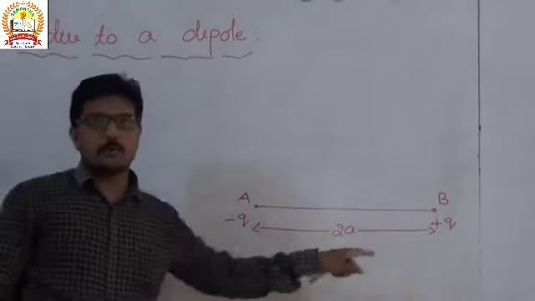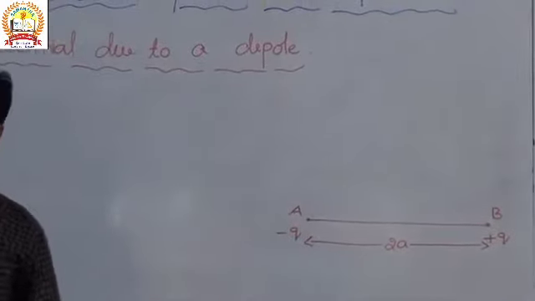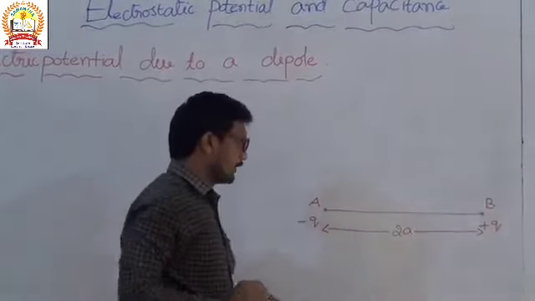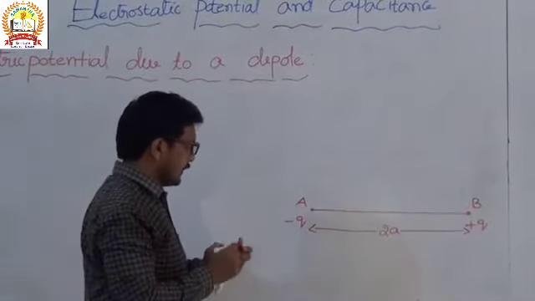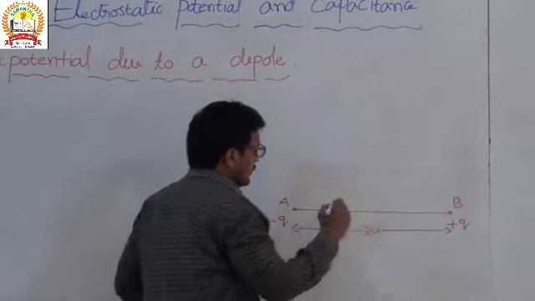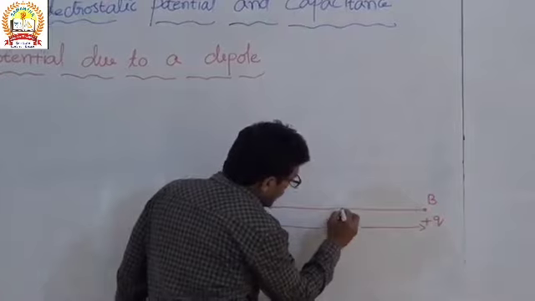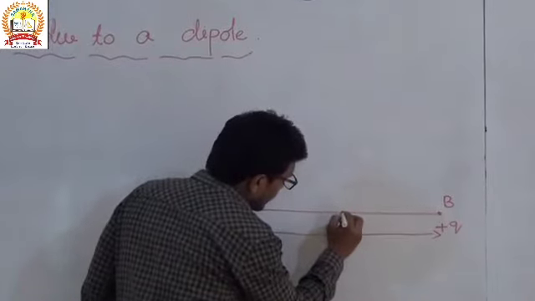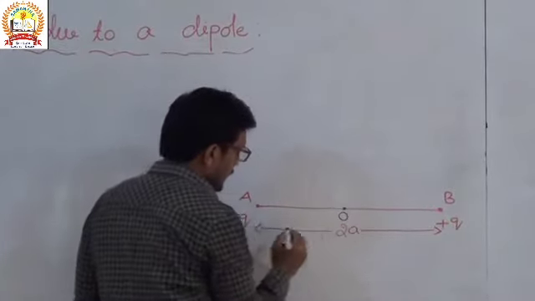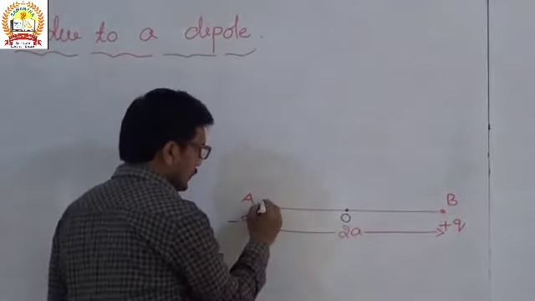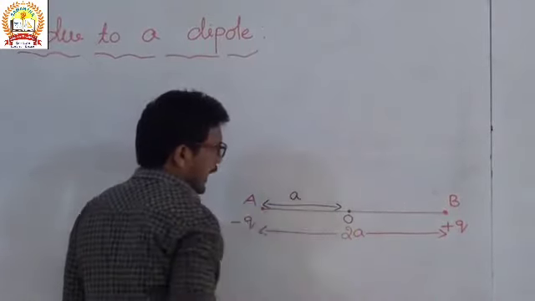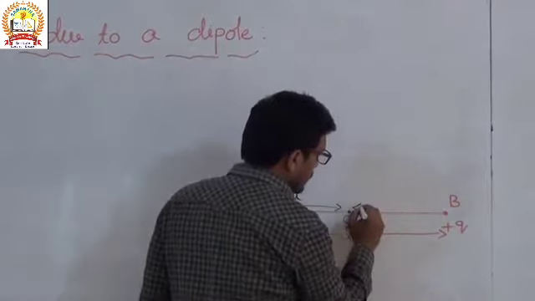So due to this dipole, what will be the potential? To get the potential at any point, we consider the point P. O is the midpoint of AB. It means the distance from A to O is a, and from O to B is also a.